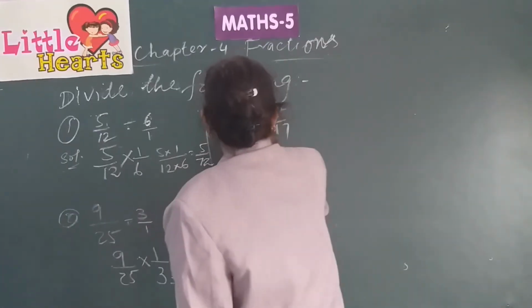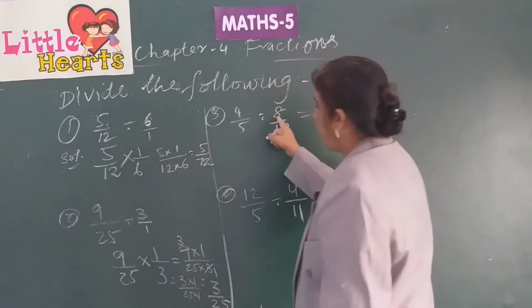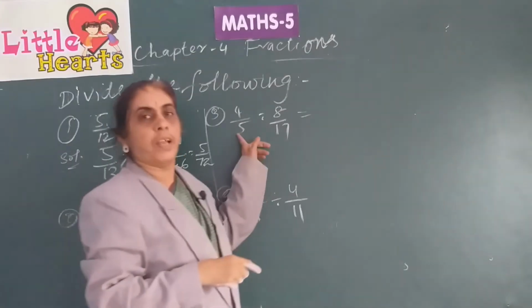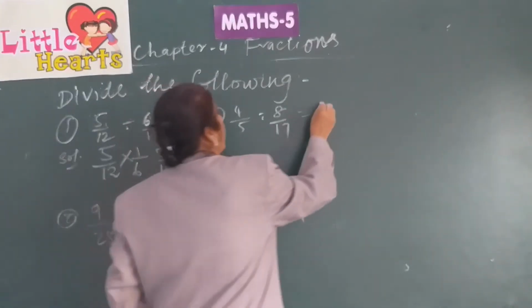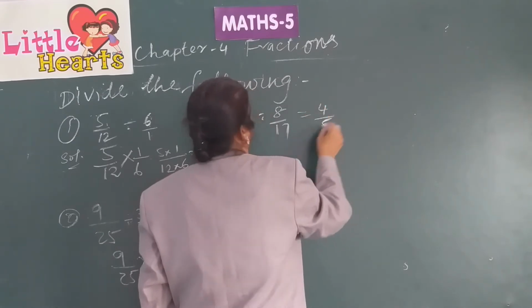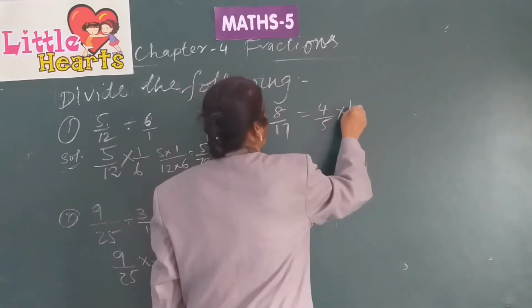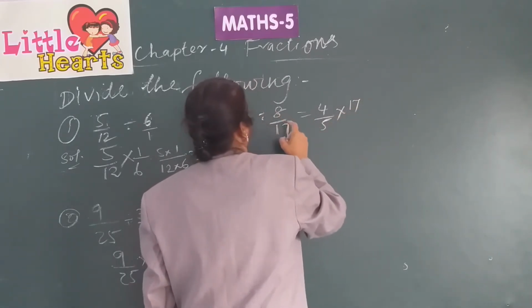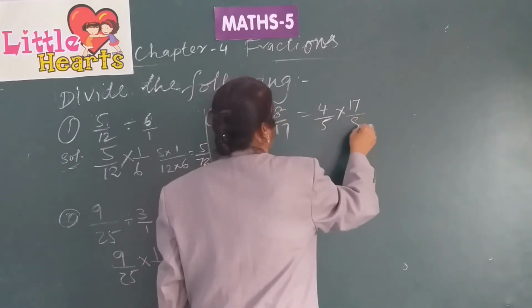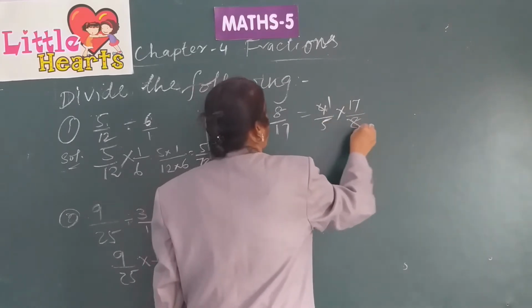Now come to this problem. Both are fractions here, 4 by 5 and 8 by 17. 4 by 5, division becomes multiplication, and this becomes 17 by 8. 4 ones are 4, 4 twos are 8.